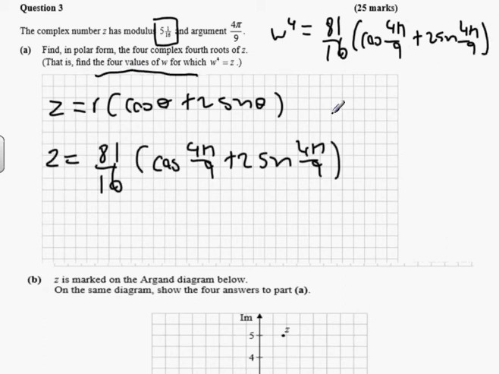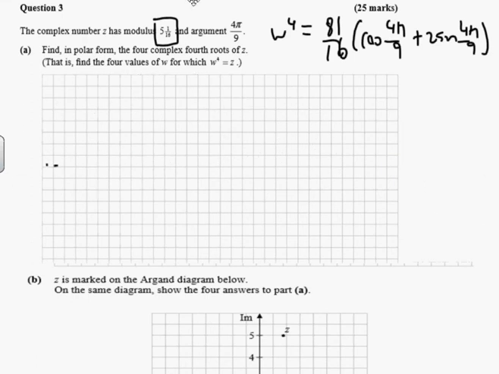Find the 4 values. You're talking about your rotations now, okay? So what we're going to do is modify this now because we know we're talking several different answers. So it's going to be W4 equals 81 over 16 cos 4 pi over 9 plus 2n pi.